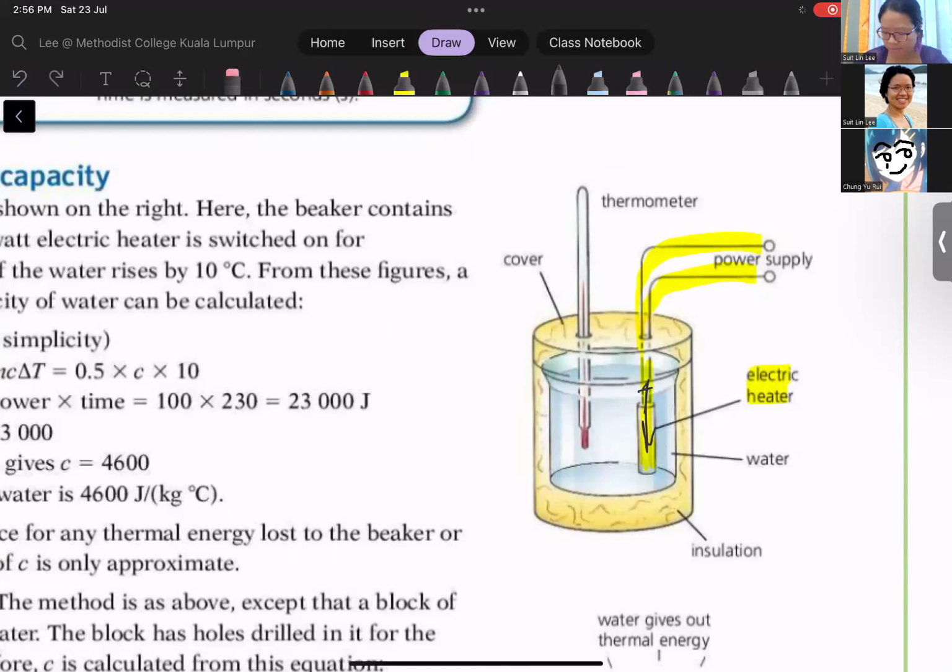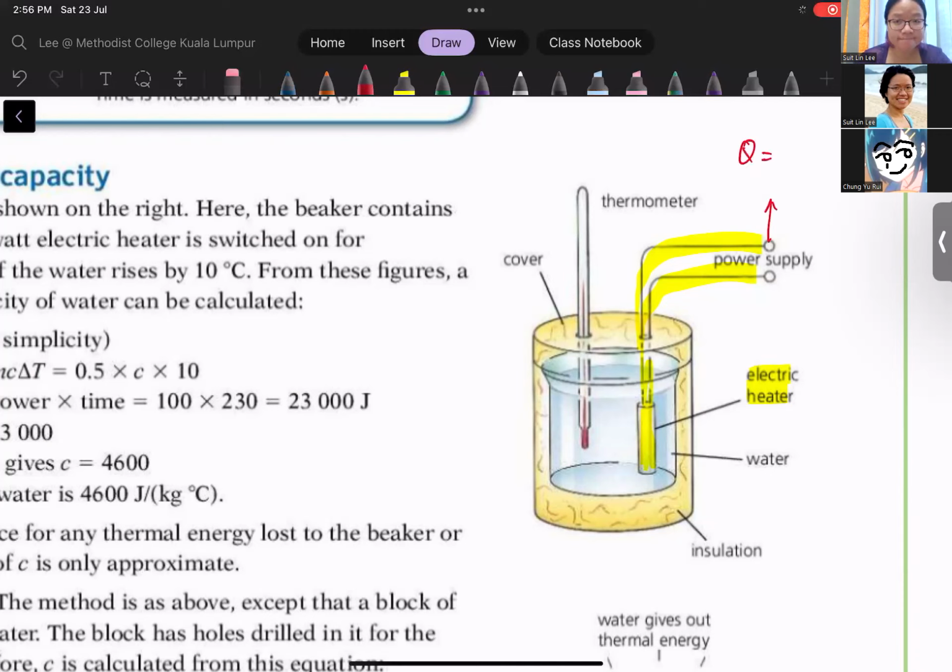And then there is a thermometer, obviously, to measure the change in temperature. And to make sure that the heat doesn't go to the surrounding, I wrap the whole thing inside insulator, like maybe polystyrene or cotton or wool.